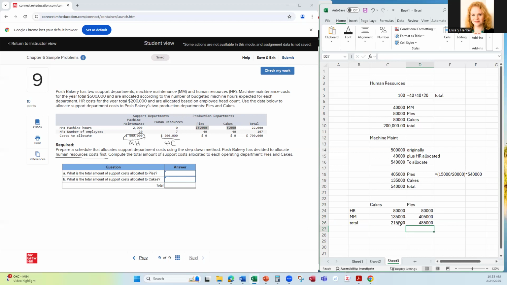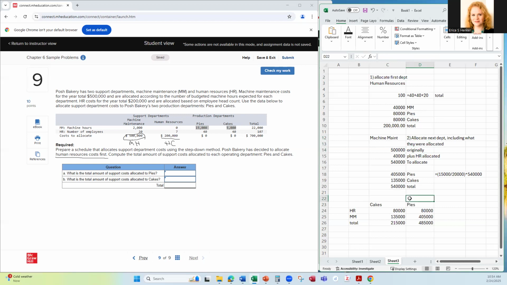So that's the step down method, right? So first you allocate the first department. And then you allocate the next department, including what they were allocated. All right.